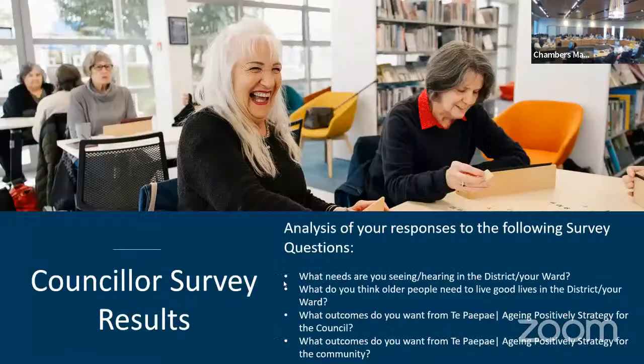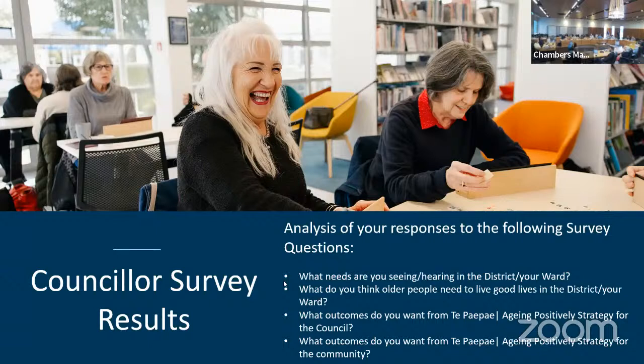Right, next slide. So in the survey you filled out in December and January, we asked you to answer several questions. And we will now take you through your responses to these questions. We asked you about the needs that you're seeing and hearing from older people in your wards and district.